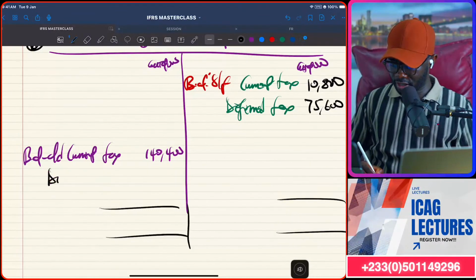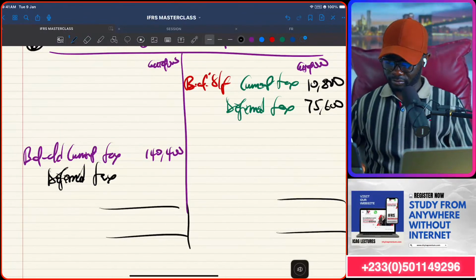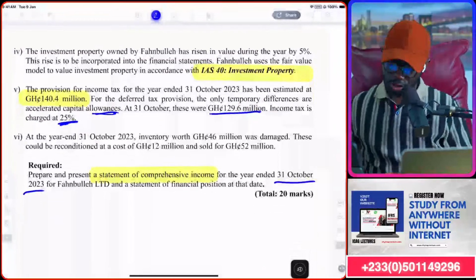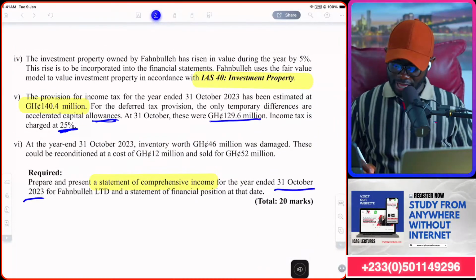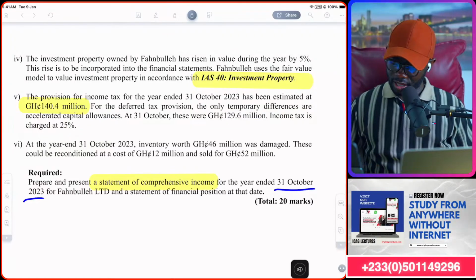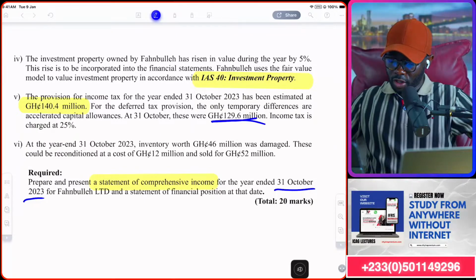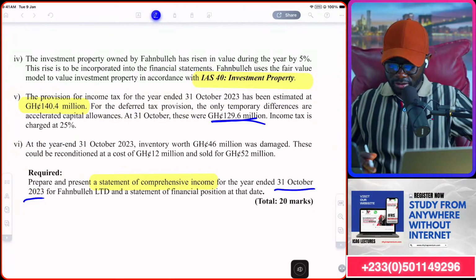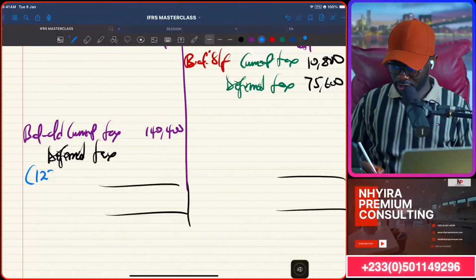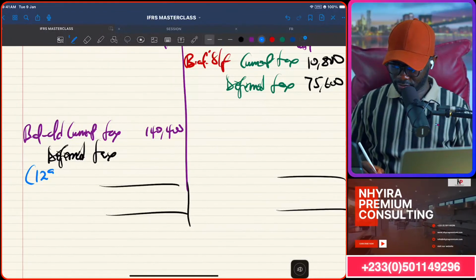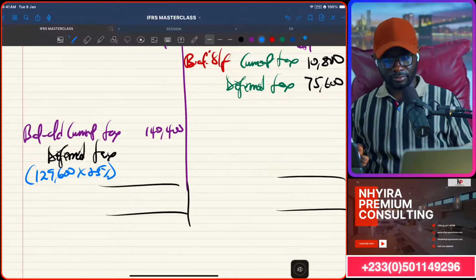Then we'll have the deferred tax, which we are told is because of the accelerated capital allowance, which is 129.6 million. Tax rate is 25%. So we're going to calculate that. 129,600 times 25%.